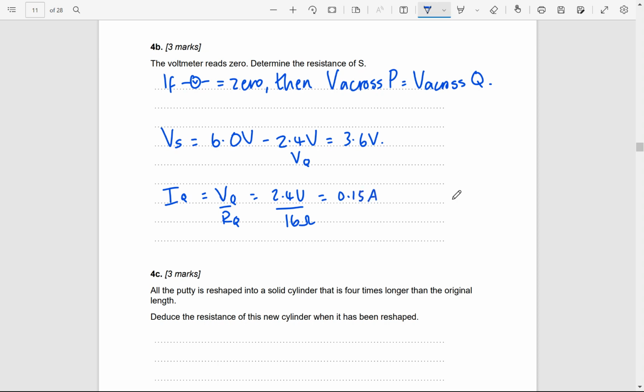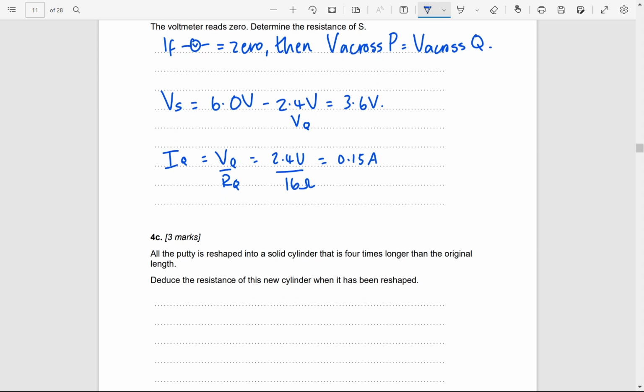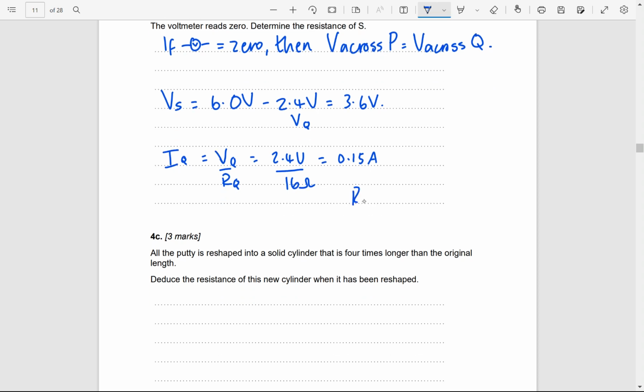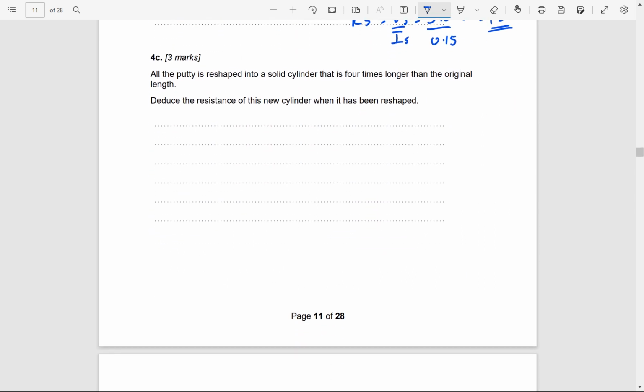So we've got 0.15 amps passing through resistor S. So resistor S equals V over I. 3.6 divided by 0.15, 24 ohms.